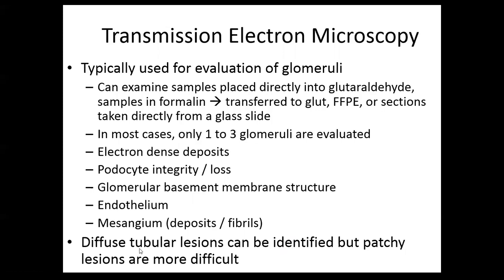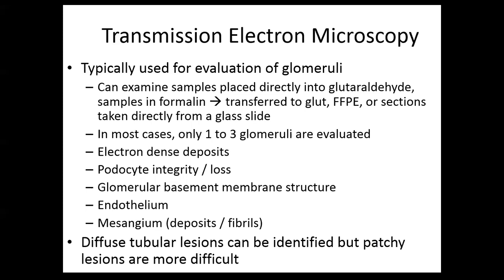And it's difficult because sometimes certain segments of the kidney are affected, and the EM specimens that get embedded are basically 1 millimeter to 2 millimeters cubed. So it's a super small portion of the kidney that's being embedded and processed for electron microscopy.